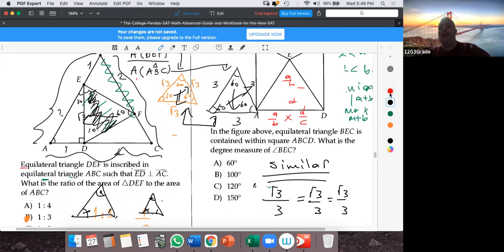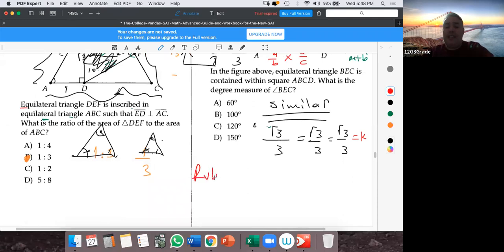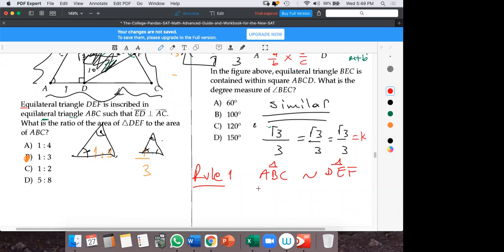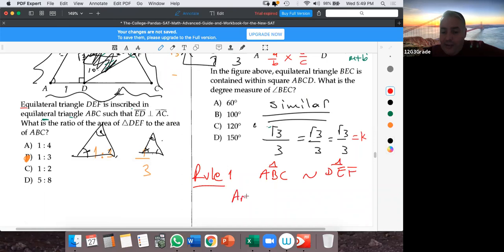So I can write. Now, if you remember, I told you that this is now one number. Let's call this K. K is root 3 over 3. Rule number 2 says that if triangle ABC is similar to triangle DEF, the rule is this: area of ABC divided by area of DEF is always K squared, always.